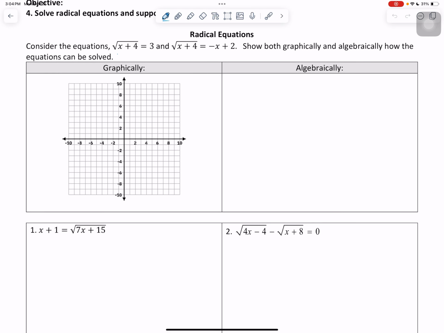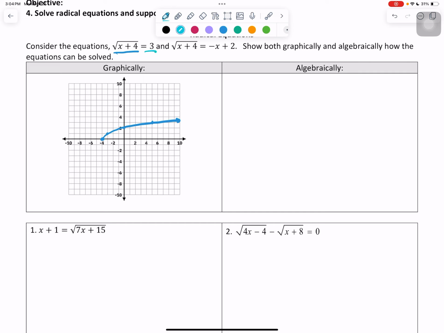So if I do y equals square root of x plus 4 in one color, that means you go left 4, then 1, 1, 4, 2, 9, 3 from that point. Remember that? Okay, so that's that. And then I'm going to do a different color.